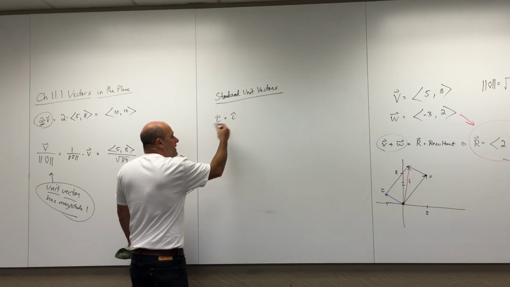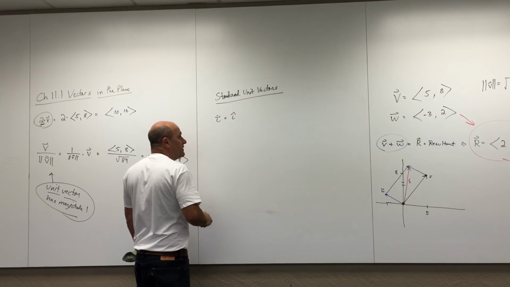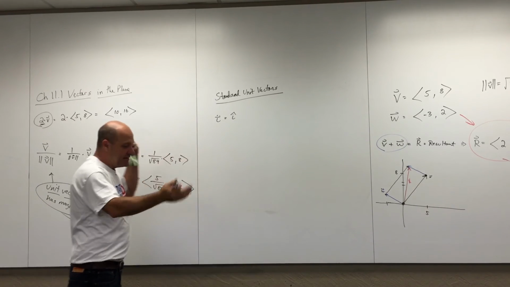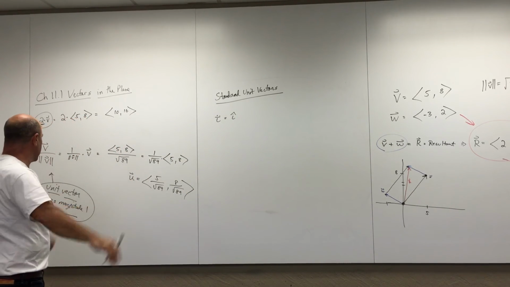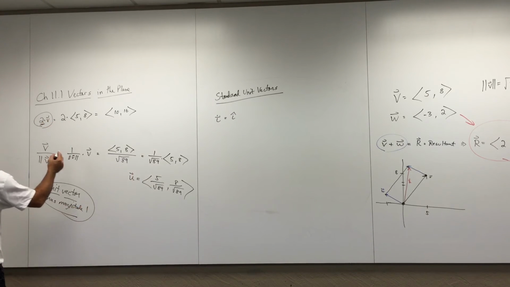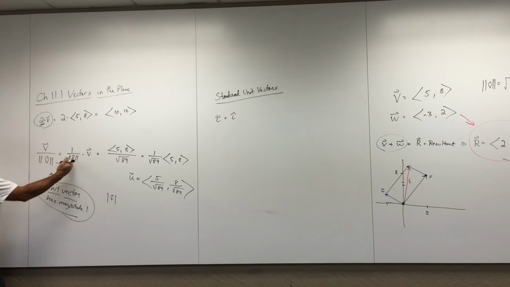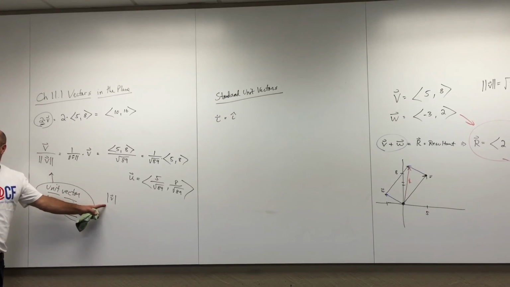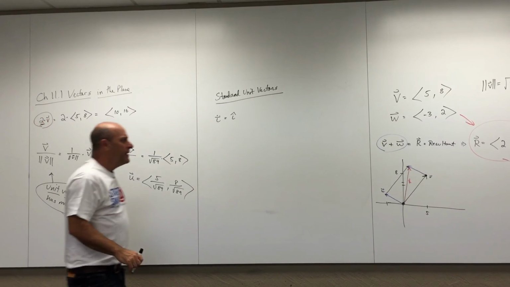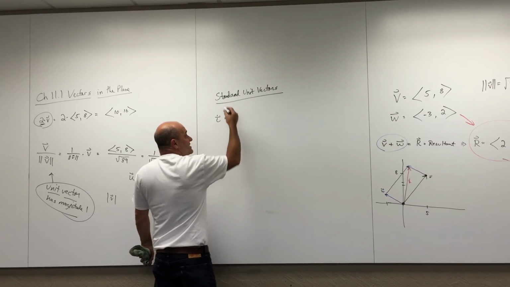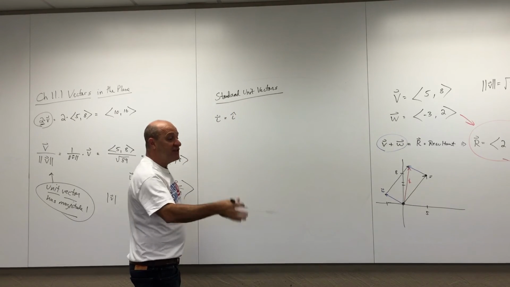The notation in math and physics gets a little different. In physics, magnitude is often done with just one absolute value instead of the double absolute value, sometimes. But i is the standard unit vector in the x direction.